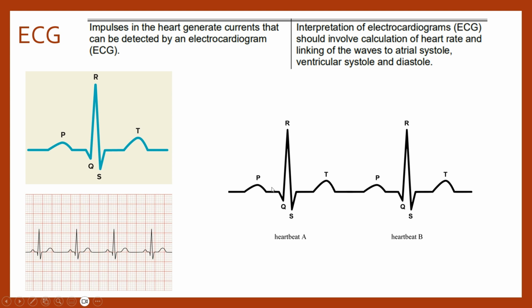We can also use these to work out the heart rate itself. The length of time it takes to do one complete cardiac cycle tells us how often the heart can contract in 1 minute. So if this whole thing takes 1 second, it means our heart rate is 60 beats per minute.